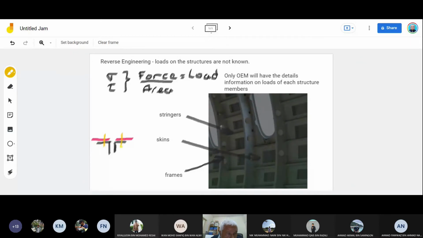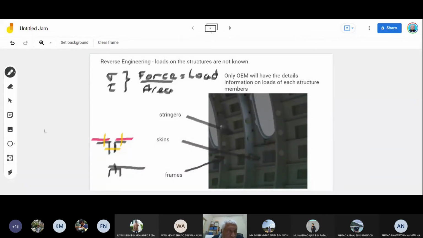So the frames are joined together by rivets as well. That kind of construction. You may also see a U channel, and then we have skin over it, and we have rivets.